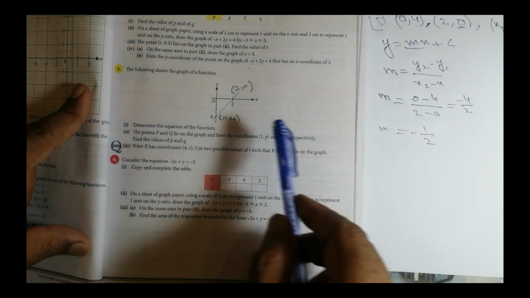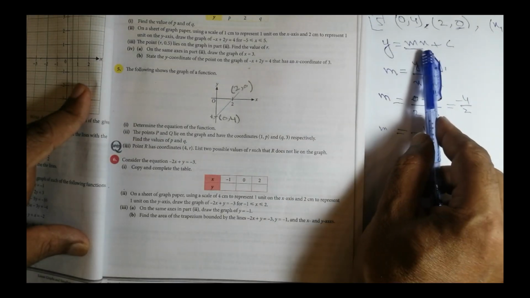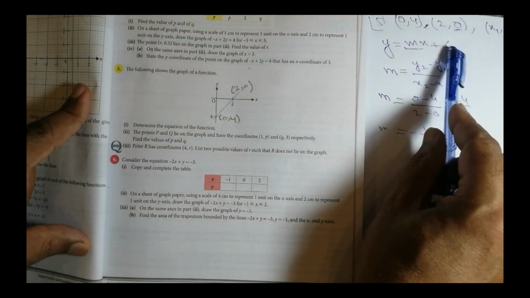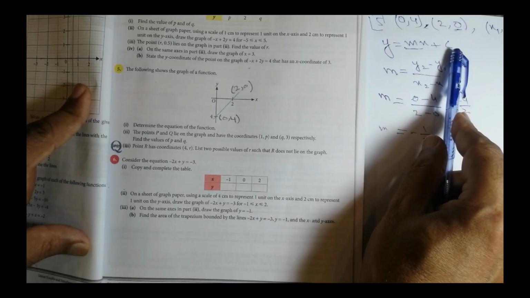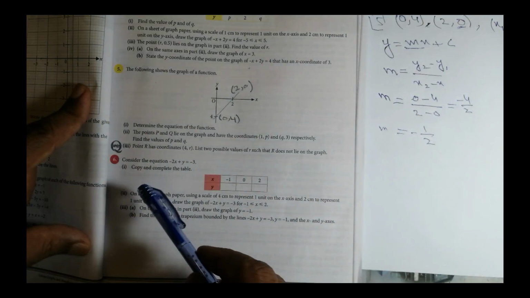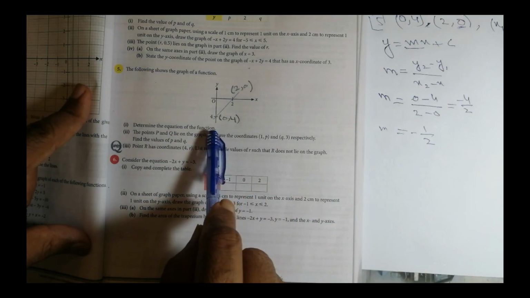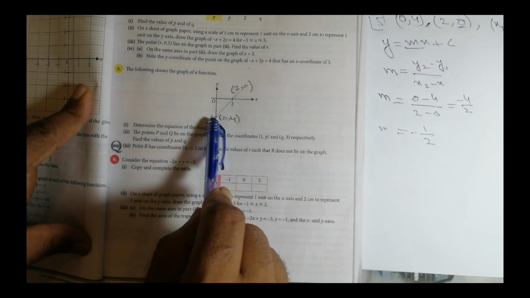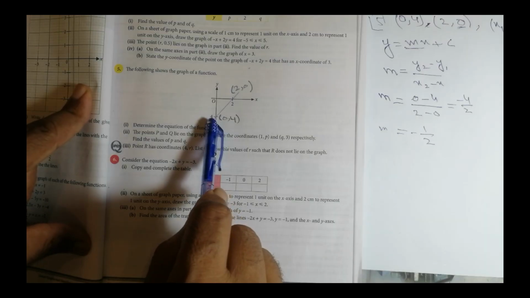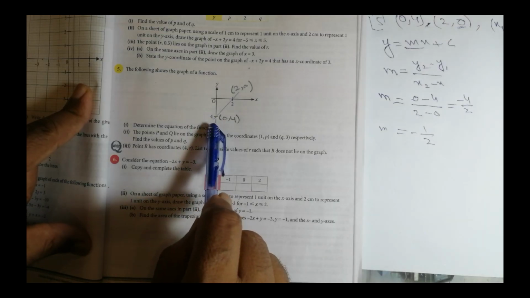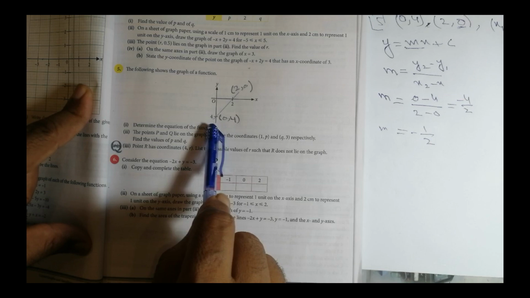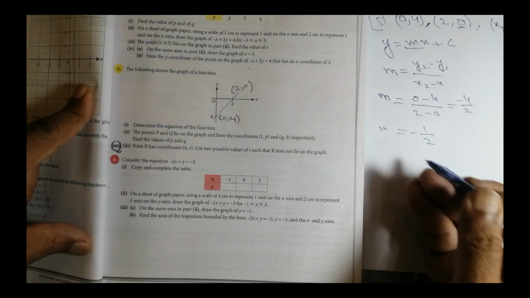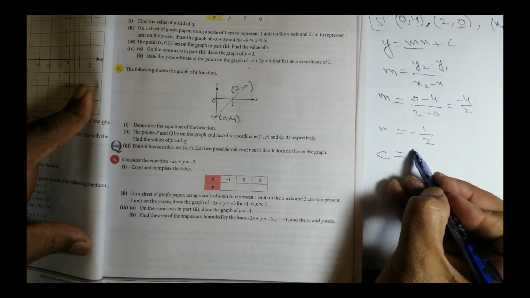And in y equal to mx plus c, what is c here? C is the y-intercept. The y-intercept we find on the y-axis. It is the y coordinate on the y-axis, so this is 4. So c equal to 4.